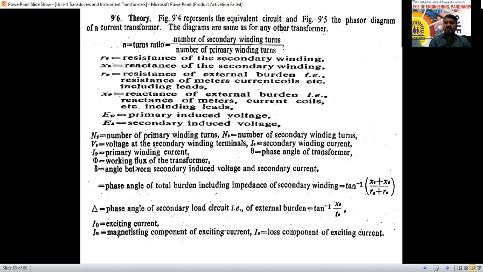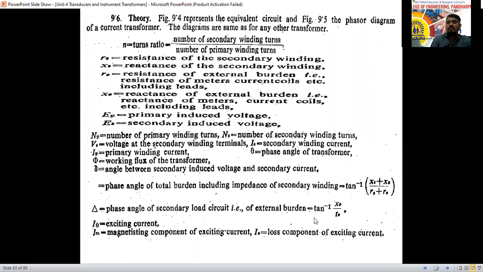Phi is the working flux. The angle is the angle between the secondary induced voltage and the secondary current here. And I naught is the exciting current, IM is the magnetizing component, and IW is the loss component of the exciting current here.